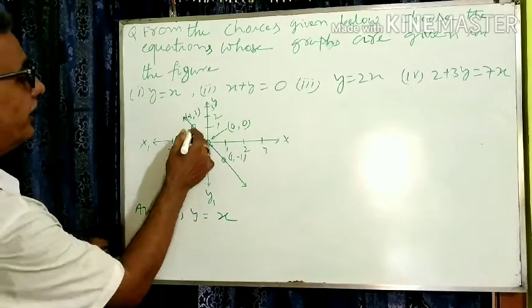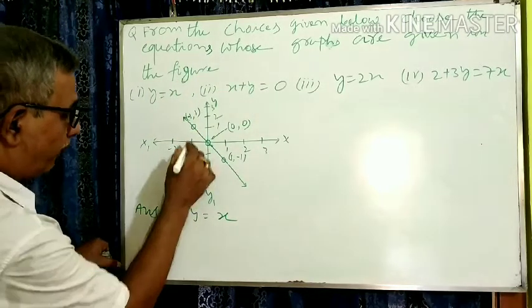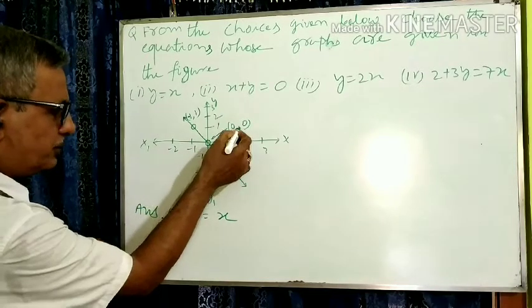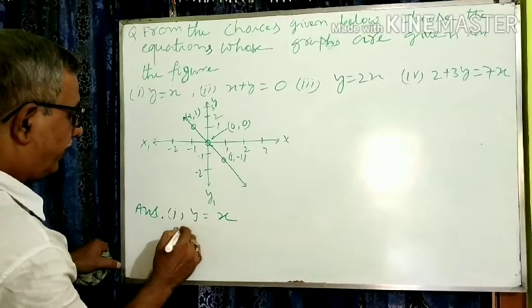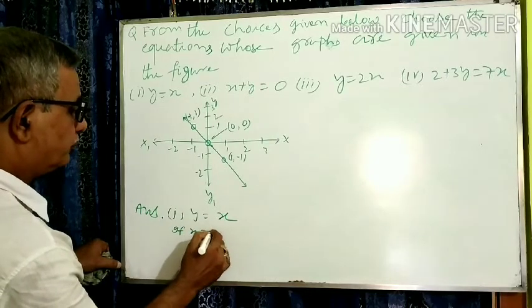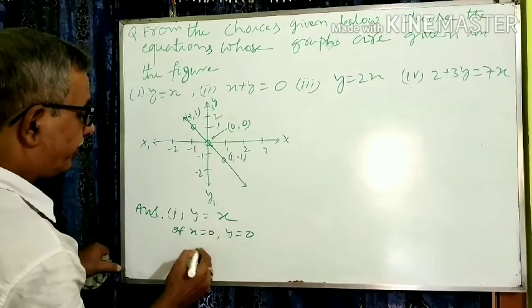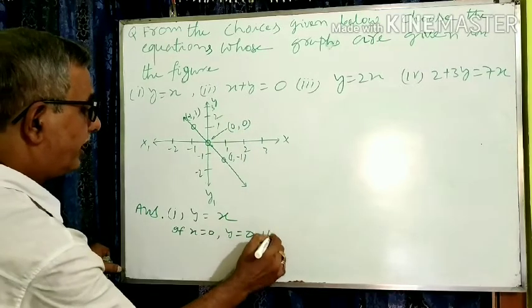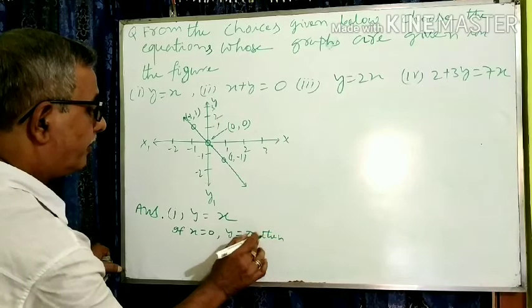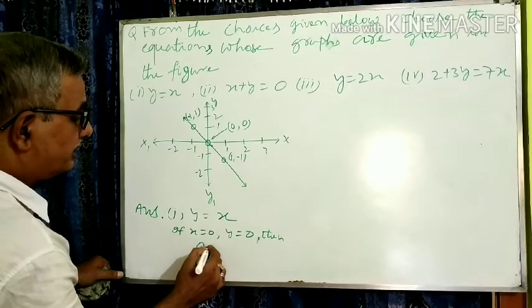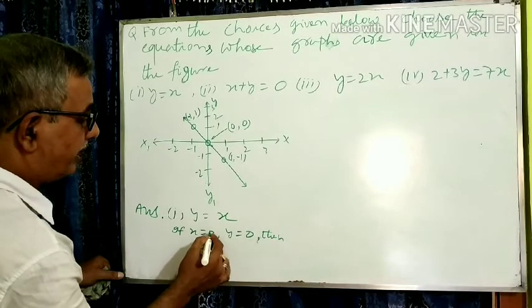Here you see what I am putting. Suppose you take this 0, 0. If x is equal to 0, y is equal to 0, means this point. What happens then? Instead of y I am writing 0, instead of x I am writing 0.